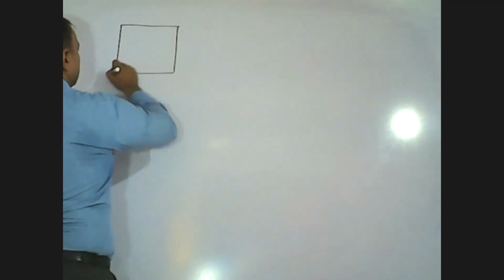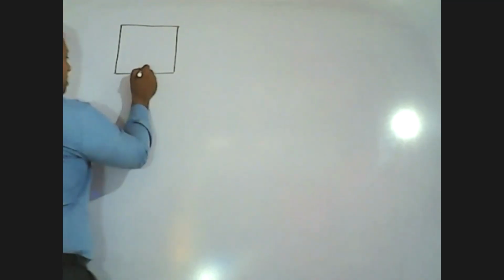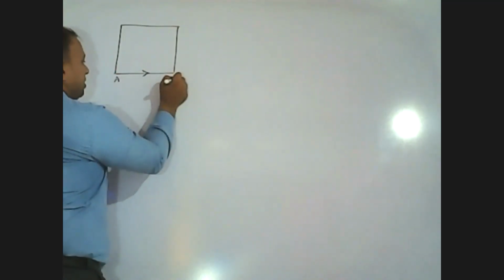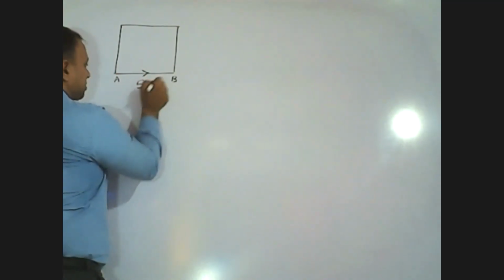In the first question, we are given a square. From that square, AB is equal to 50 Newton.